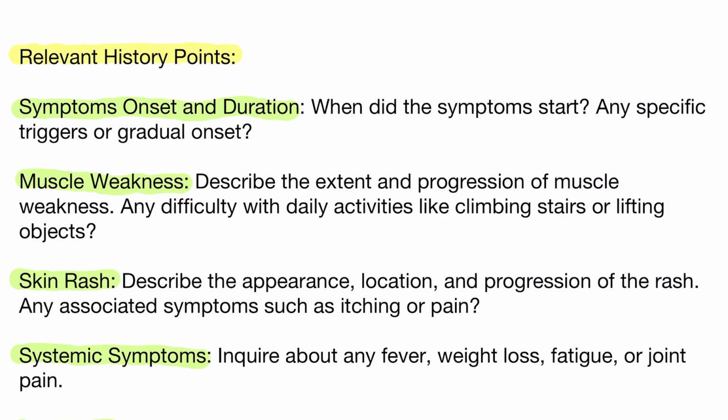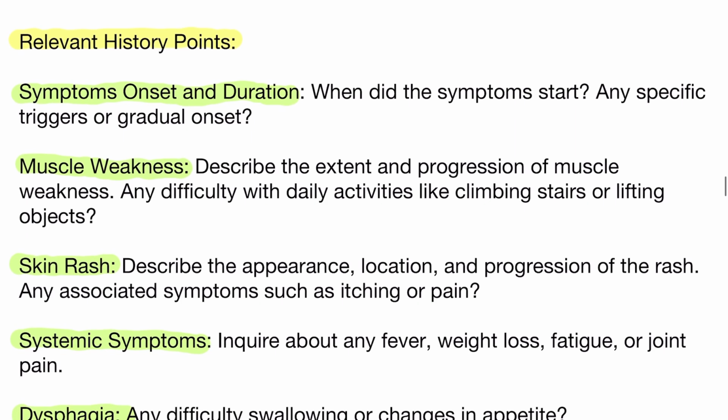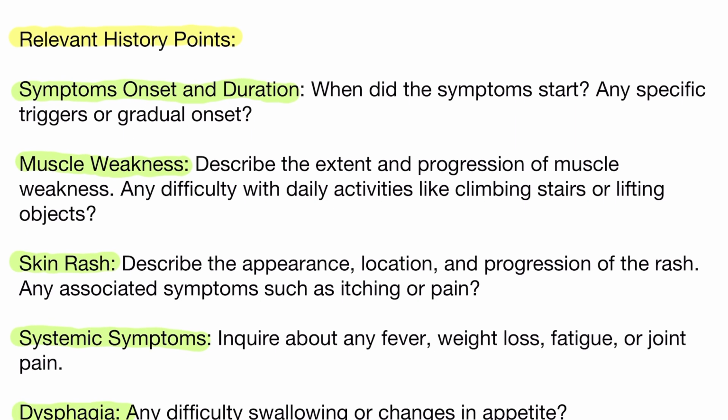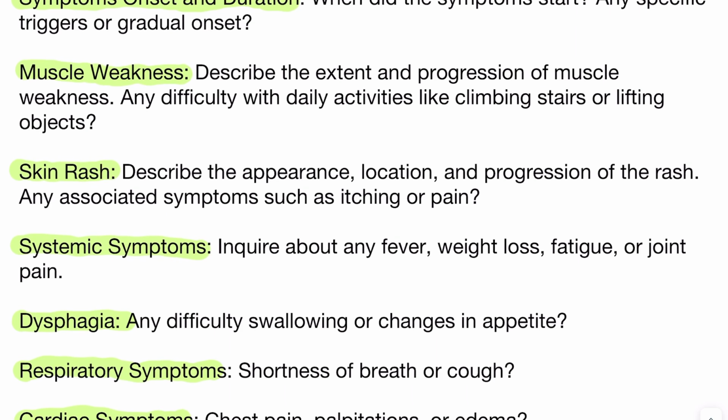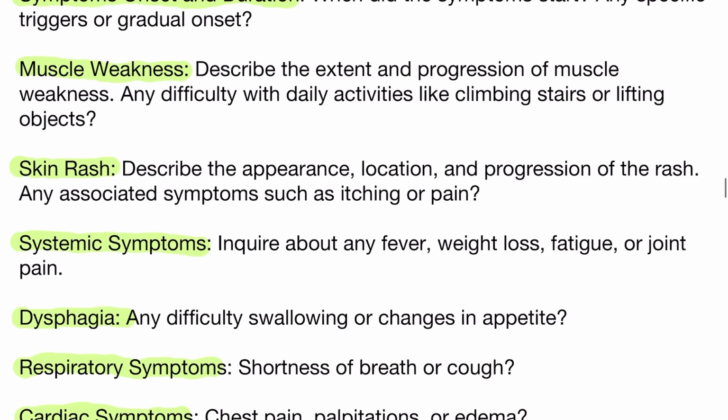We will be interested in knowing if there's any difficulty with daily activities like climbing stairs or lifting objects. This will give an idea more about the proximal weakness. Skin rash, we want to know about the appearance, location, and progression of the rash and any associated symptoms like itching or pain.